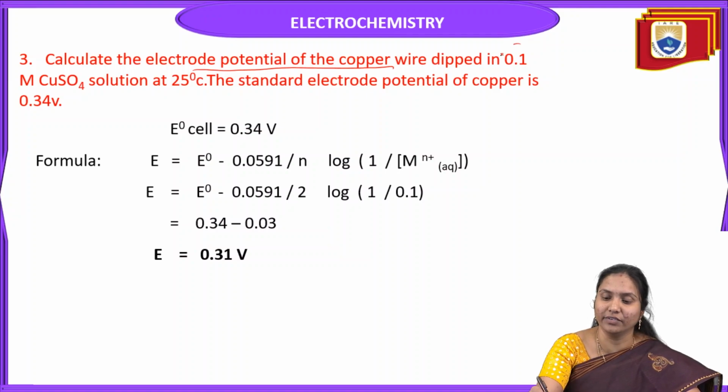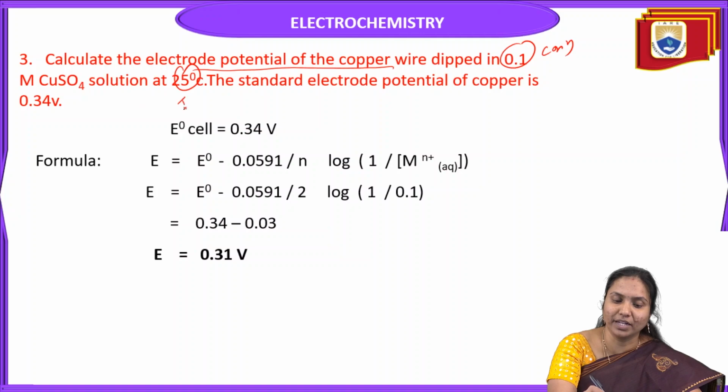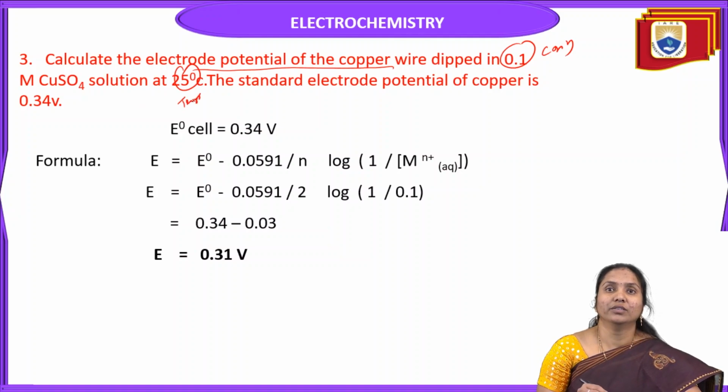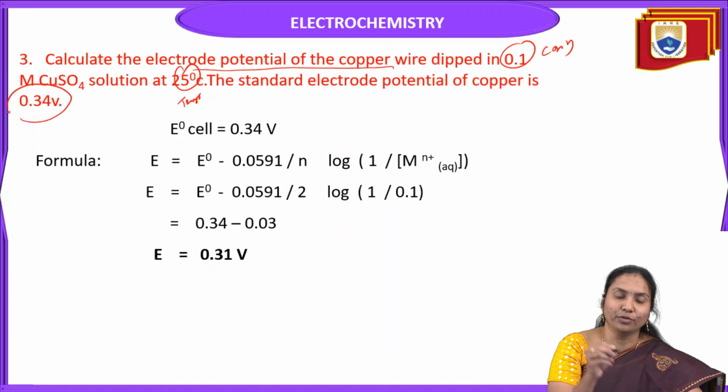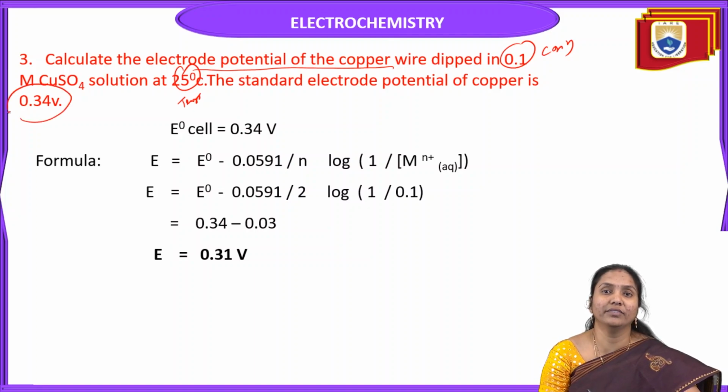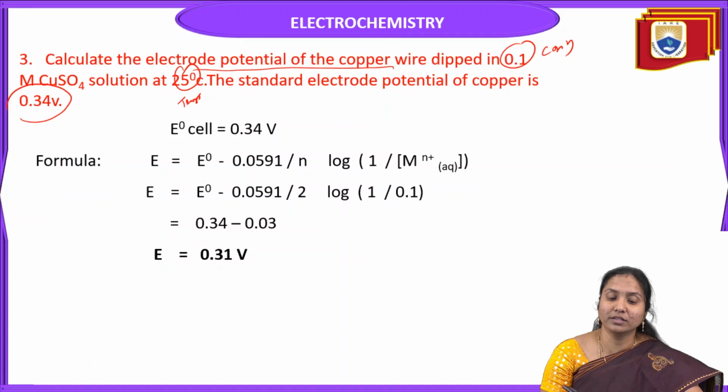Here the concentration and temperature are given, and the standard electrode potential of copper is 0.34. So now we can calculate the electrode potential of copper.